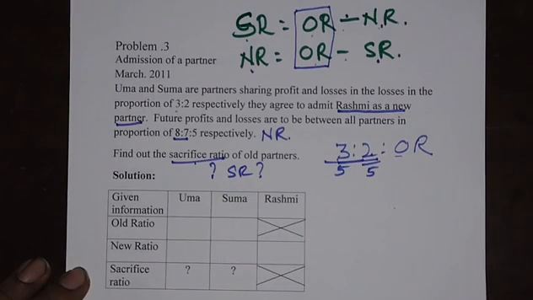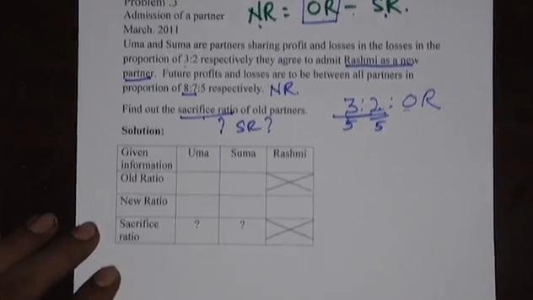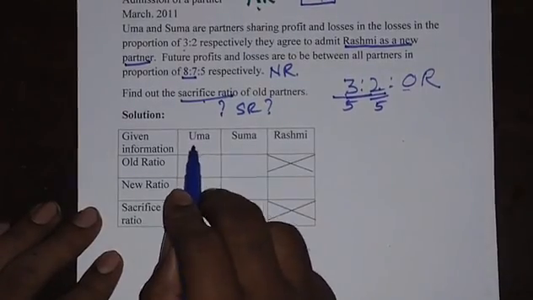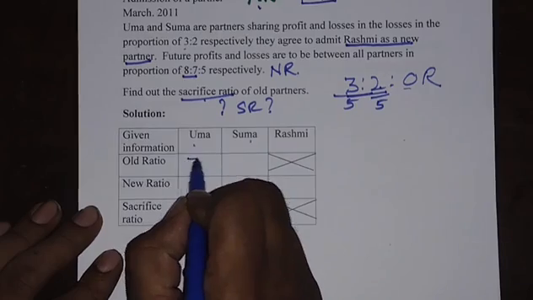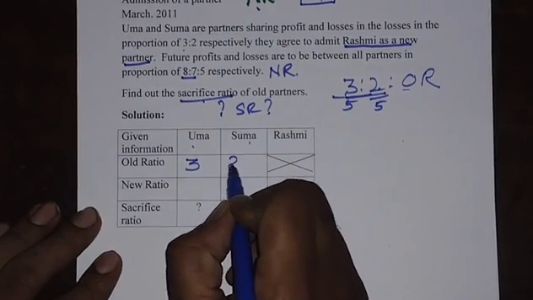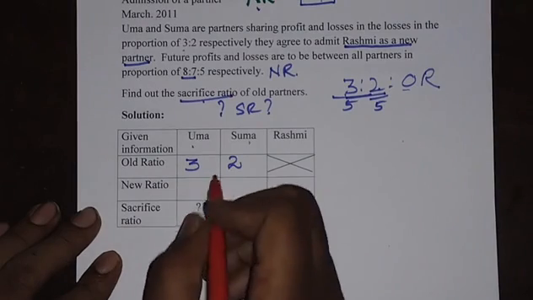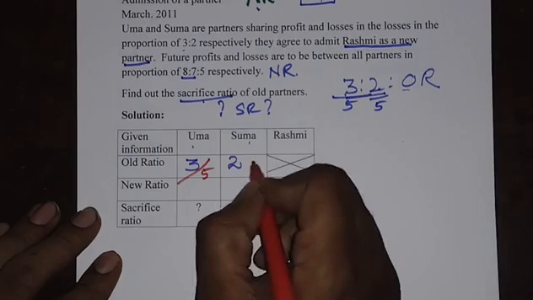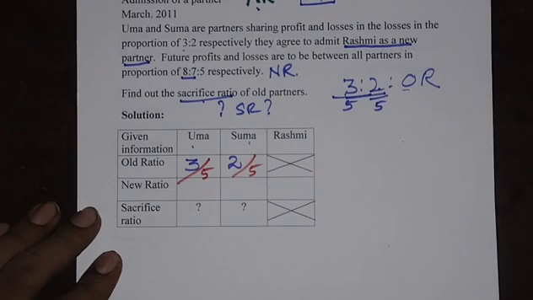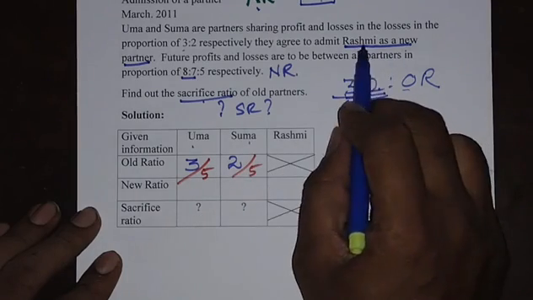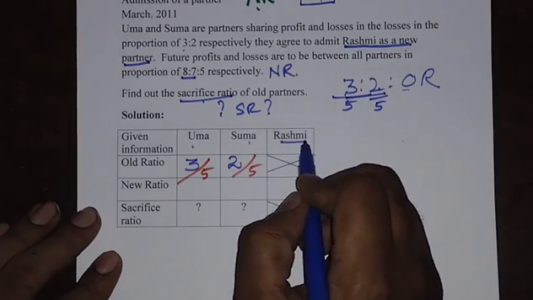Yes, there are two old partners, Uma and Suma, in the ratio of 3:2. 3 plus 2 is 5. 3 by 5, 2 by 5. And they admit Rashmi as a new partner.